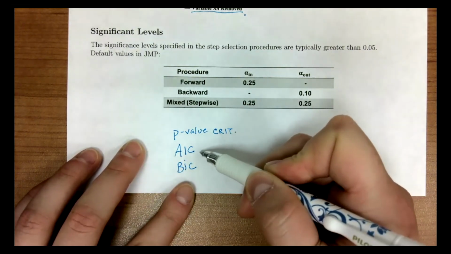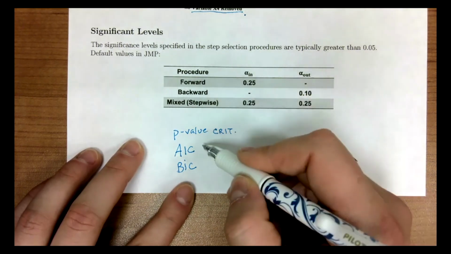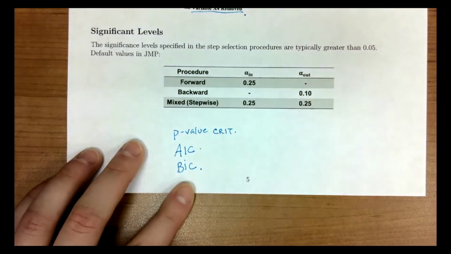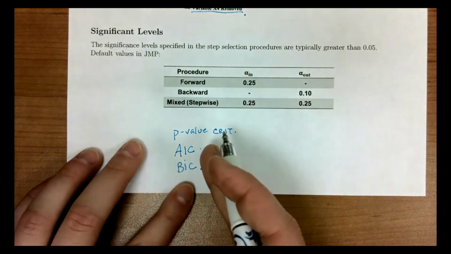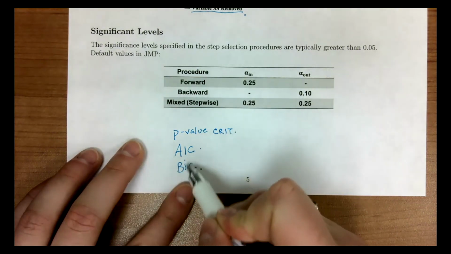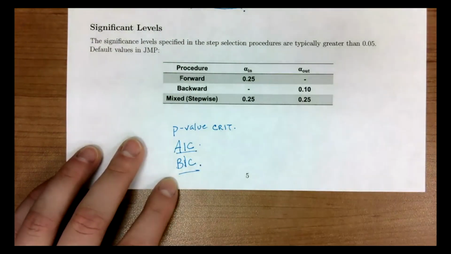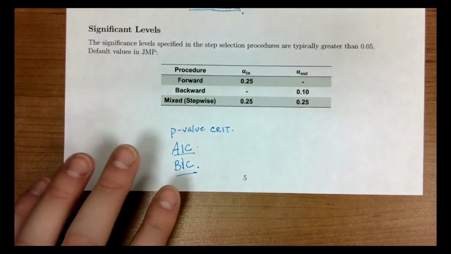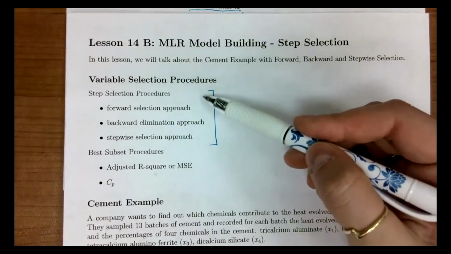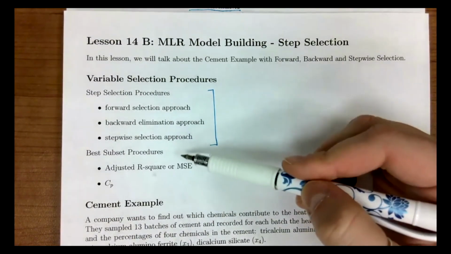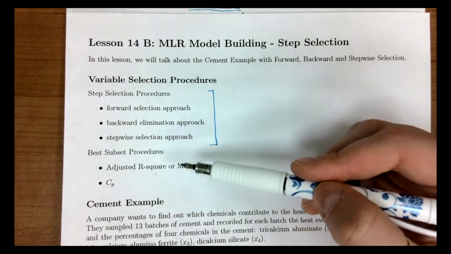I won't go into too much detail about what and how these are calculated, but these are other statistics that are used in maybe deciding whether we want to add or remove variables. Okay. And we'll get a little bit of practice of looking at these statistics in our homework and in the next lesson. With that, that concludes our discussion of the stepwise selection procedures. Our next lesson, we're going to talk about the best subsets or all subset procedures, looking at different criterion.